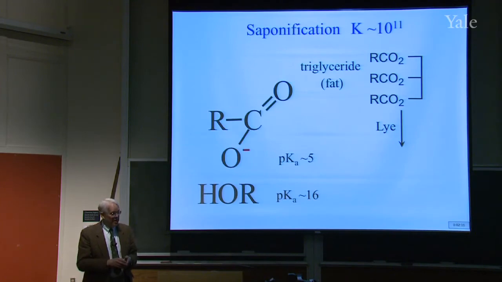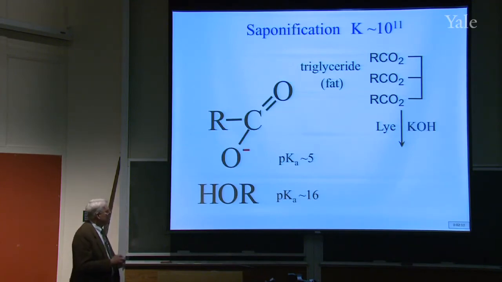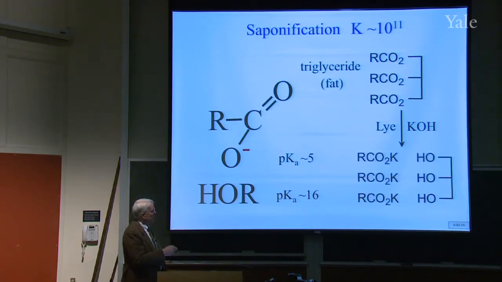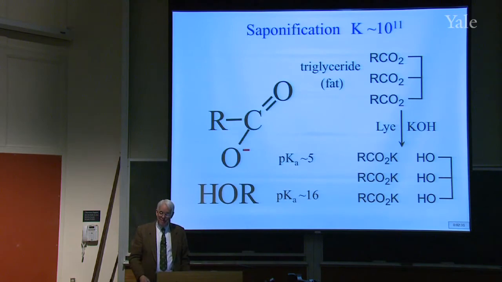It's potassium hydroxide, okay? So you treat it with KOH, and you have this reaction take place. So you get long-chain carboxylic acids, and you get alcohols on all those three. So these long-chain fatty acids, the potassium salts of them, are called what?